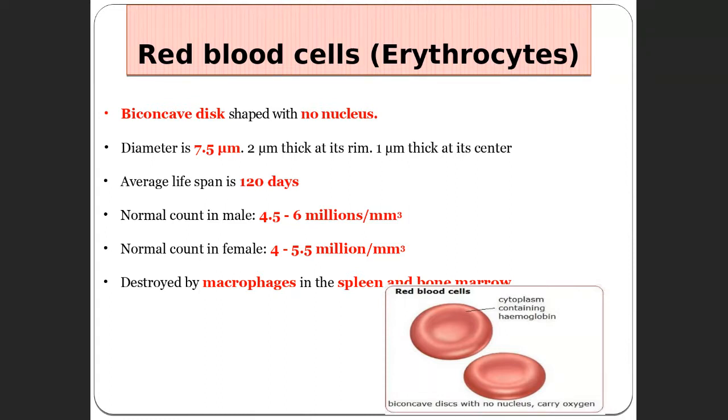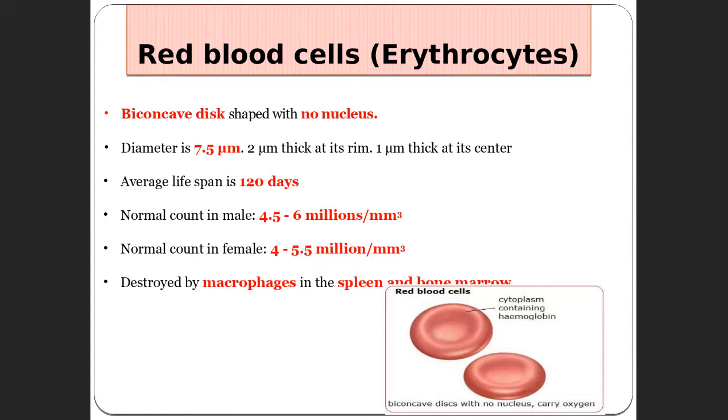We may put up a photograph of a red blood cell and ask you what type of cell it is, what its average lifespan is, what its size is, and what its count is. You should know that after 120 days they are destroyed by macrophages in the spleen and bone marrow.